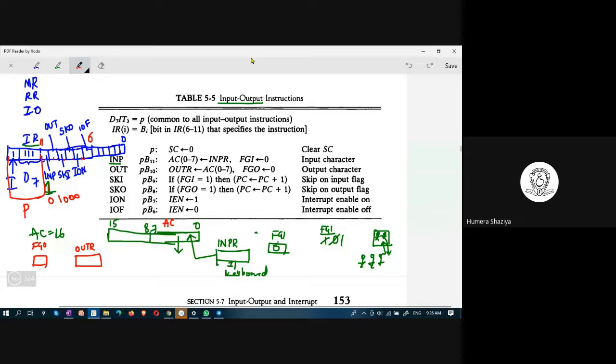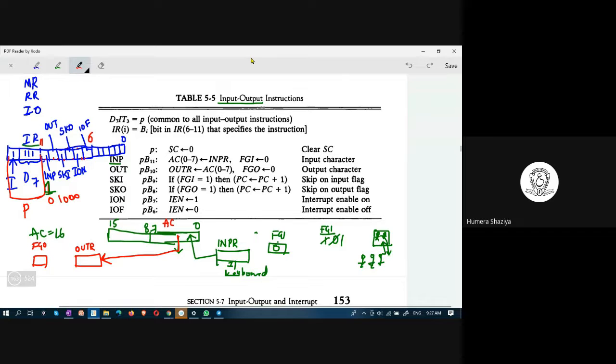So how do you manage to transfer data to and from AC and OUTR and INPR? That is made possible because you can access only the first byte of AC, 0 to 7. AC of 0 to 7 is transferred into OUTR. Whatever data is available here is transferred into OUTR.